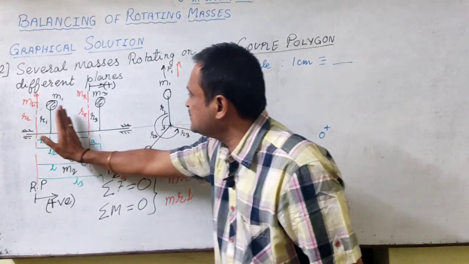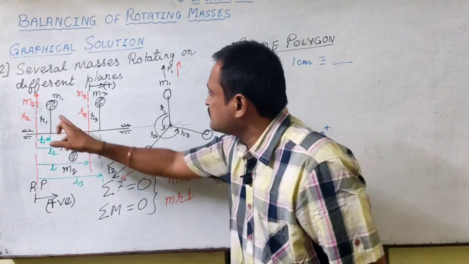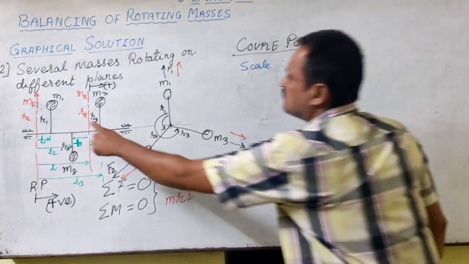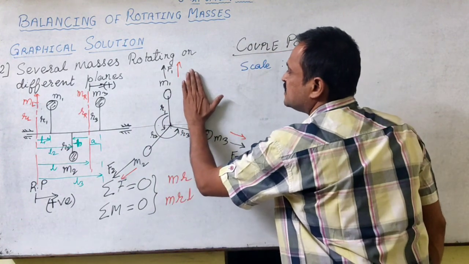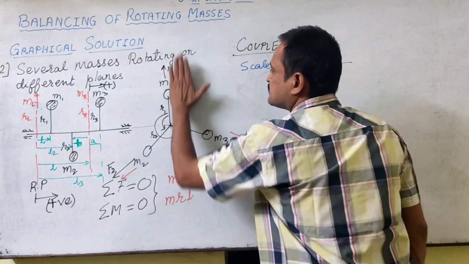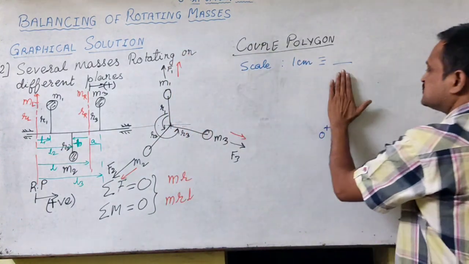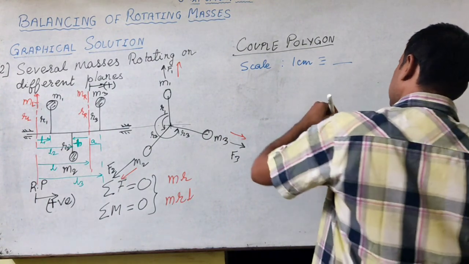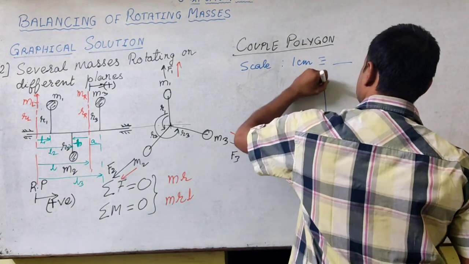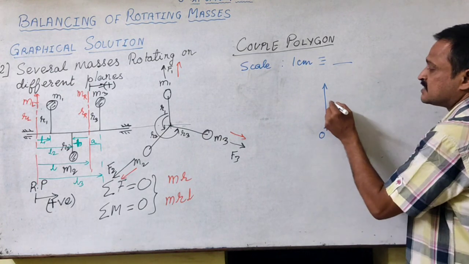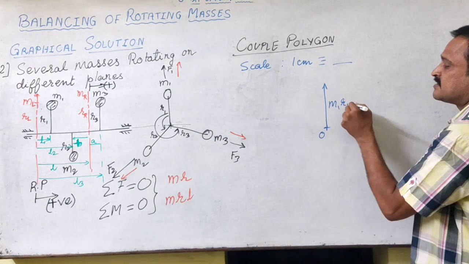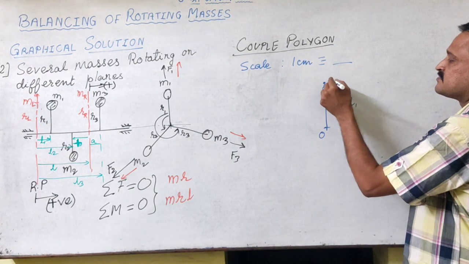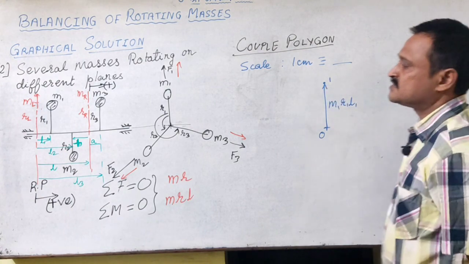Now if I see this equation here, the couple due to M1, R1, L1 will be parallel to the phase. So I can draw this vector parallel to F1, which is M1, R1, L1. So I get this as first.